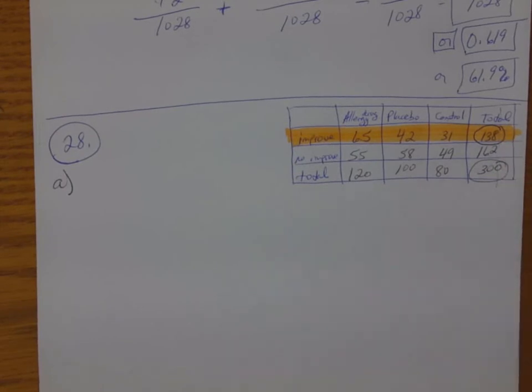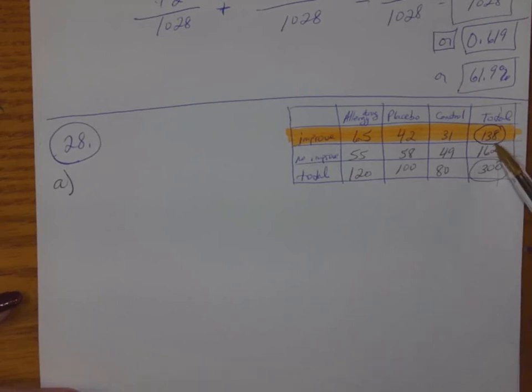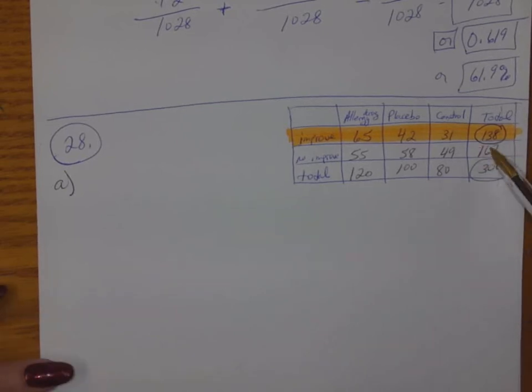Okay, so here's what it says. You go in and you pick somebody, okay? Randomly pick out of the whole 300 people. And then you replace that person. It says with replacement. So I go in, I grab somebody. What's the probability that I'm going to find one person there? What's the probability that I get somebody with improvement?